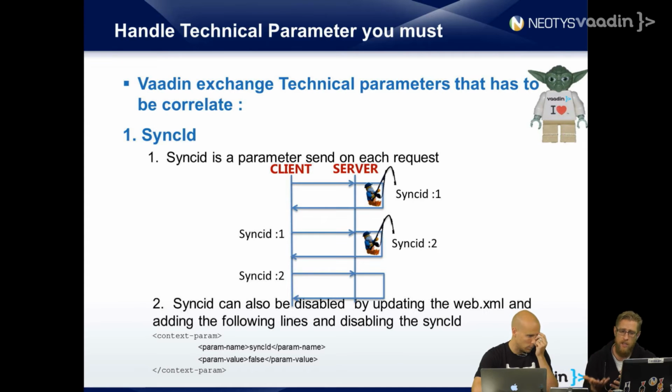So you can extract it like this, or if you don't want to create variables, there's another way. You can disable this mechanism by updating the WebXML file, and you have to add the following line. So basically we disable the sync ID. I'm not a big fan of this, because I'm touching the environment and not testing in real conditions.